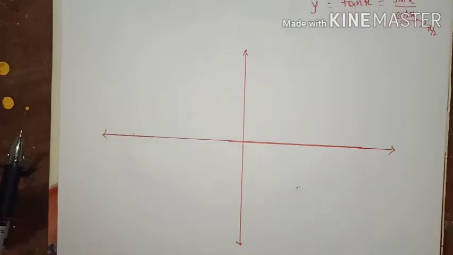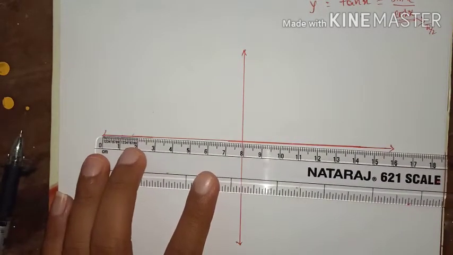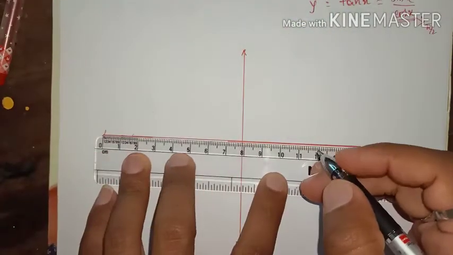Okay, so here let me take a scale, and as I told you, that it is for pi by 2. Let me mark some points here.